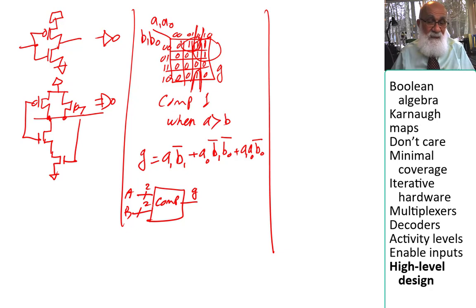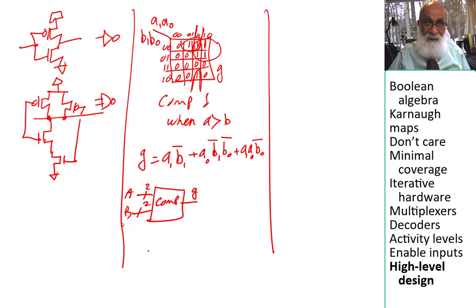What I like to look at right now is, it was good to go from transistors to gates. That was easy. It was easy to go from gates to these comparators and other components.